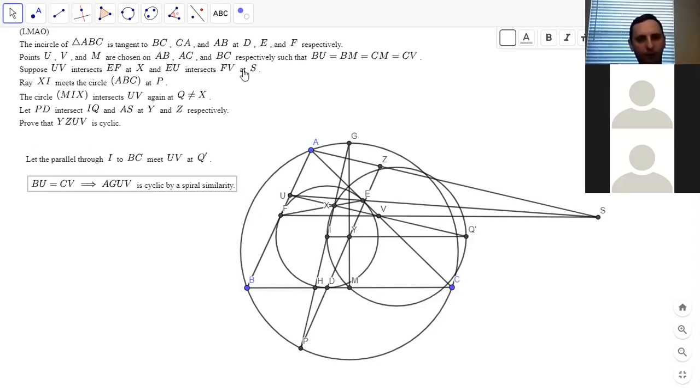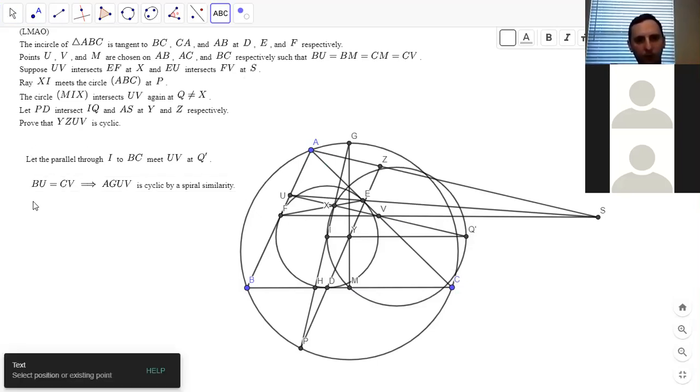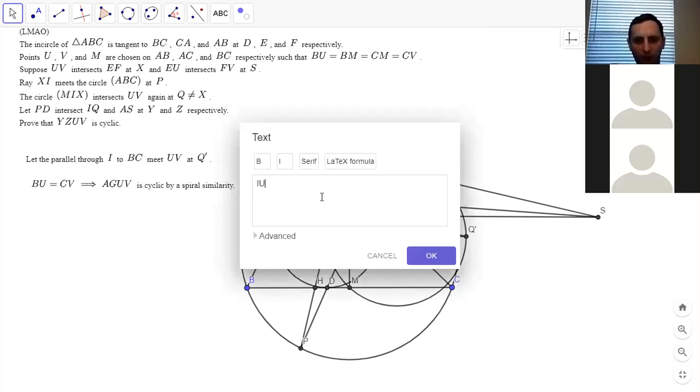And AI bisects angle BAC, and so that implies that AGUIV is cyclic.